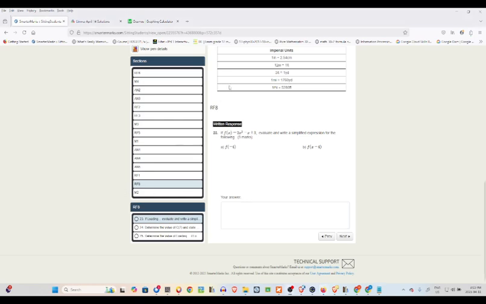All right, Relations and Functions 8 on function notation. We want to evaluate and write a simplified expression for each of the following given this first function.